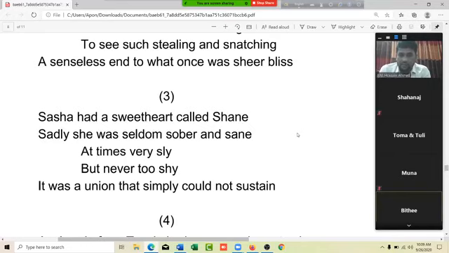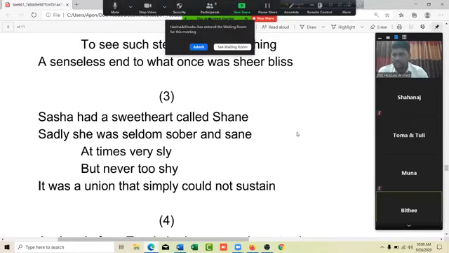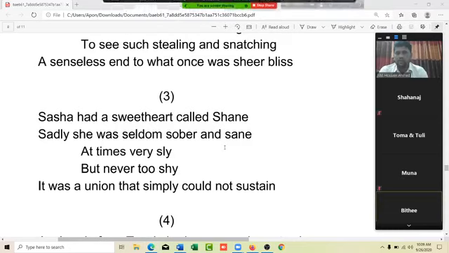Sir, the first word of the first line is Sasha, but she says Shasha. Sasha, not Shasha. Then the third word of the last line, union, not on, union, not union. Okay, then okay sir, thank you.